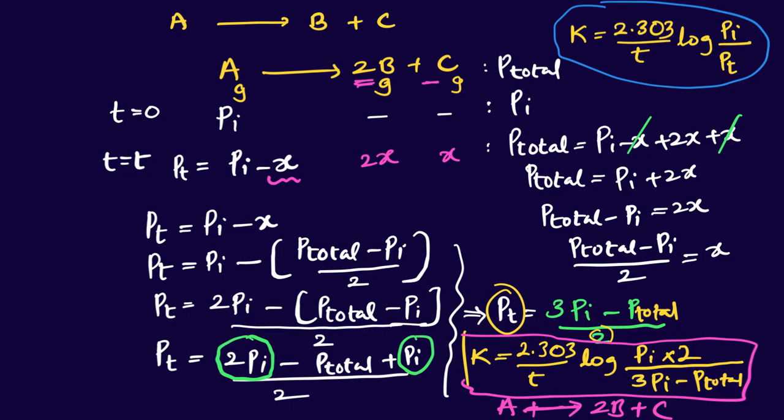One more example if you want, I will give that. One more example. Example is N2O gives rise to N2 plus half O2, gas, gas, gas.